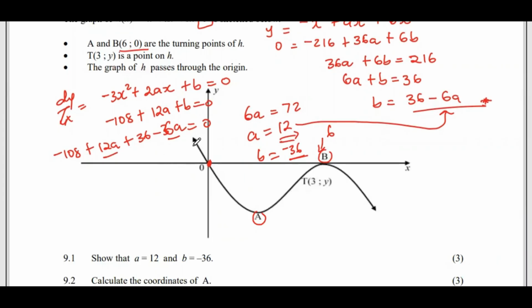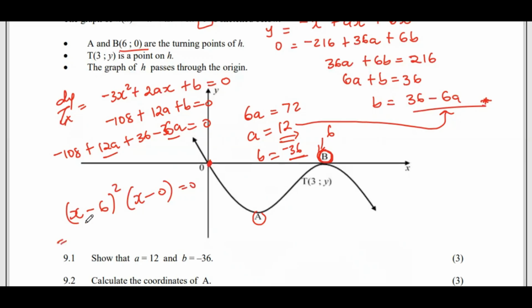Okay, so that is one way of getting that, as much as the marks look too small for all that I've done. Alternative number 2 could be using the factor method. Since we have this as a turning point and an intercept as well, I'm going to have x minus 6 squared. And then this point is also an intercept with the root, which means I can also have x minus 0, which must give me 0.